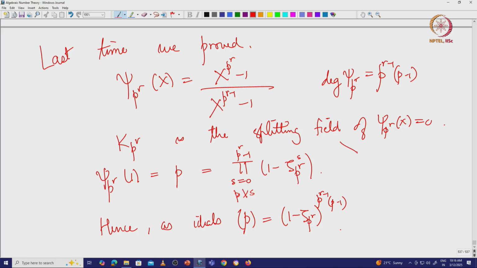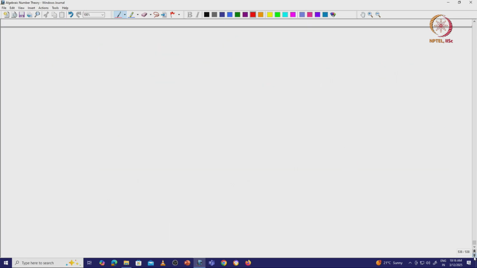So, this thing gave us that the degree of K_{p^r} is less than or equal to p^(r-1)(p-1), and this thing gives us that the degree of K_{p^r} over Q is greater than or equal to p^(r-1)(p-1). Right. So, combining this together we get the following. So this is where we stopped.